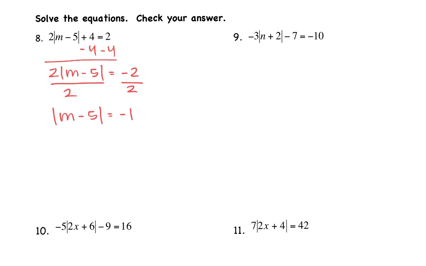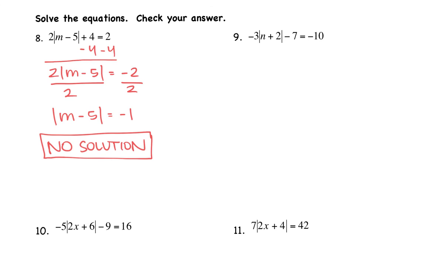So this is normally in the problem where I would split, but I have the absolute value bars by themselves, and yet it equals a negative number. And that can't happen. That never happens. So this is no solution. You don't need to split the problem. You don't need to do check steps. If your absolute value bar is by itself and it equals a negative, there is no solution.